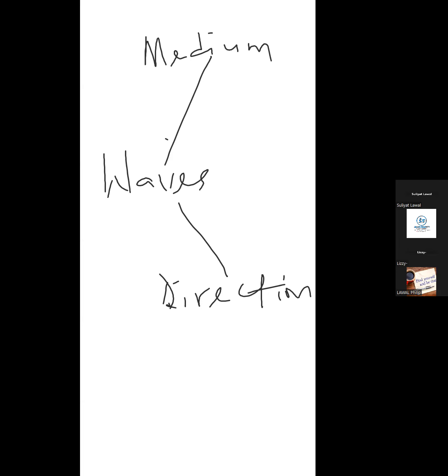So for direction, we have transverse, and then we have longitudinal.